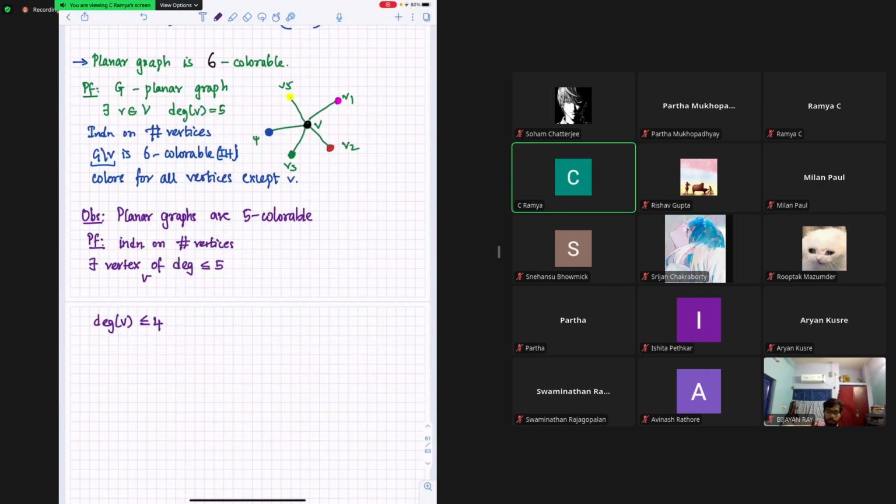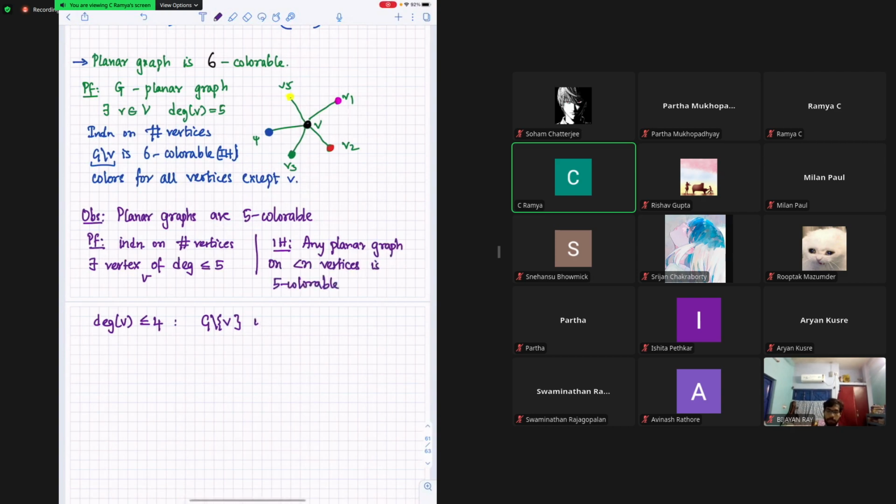If this is the case, what you could do is just consider the graph G minus V, like what we did last time. Use the inductive hypothesis. What is the inductive hypothesis? That any planar graph on less than n vertices is 5 colorable.